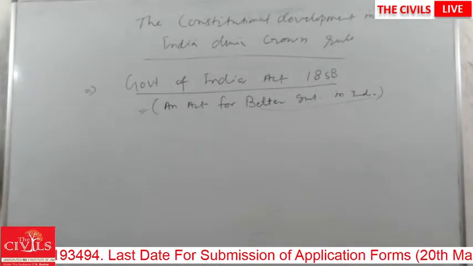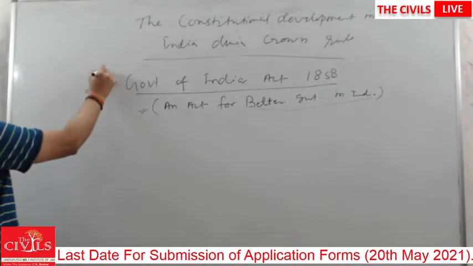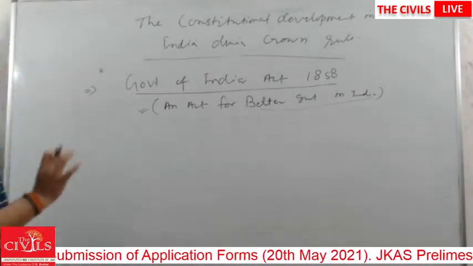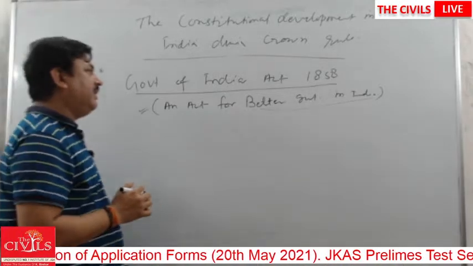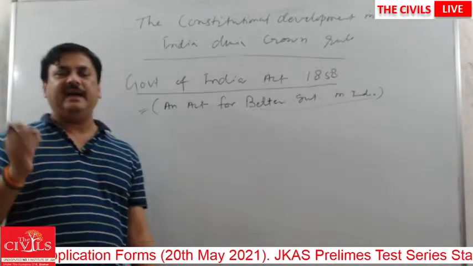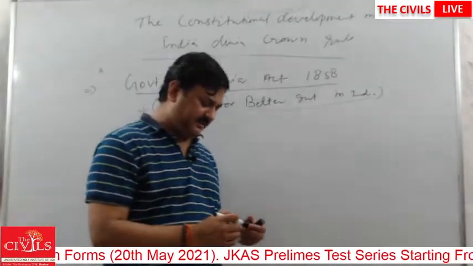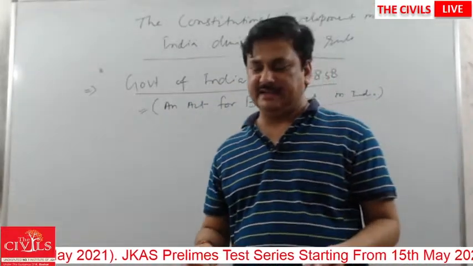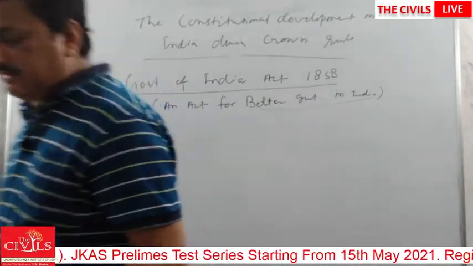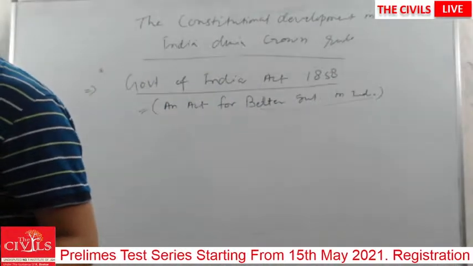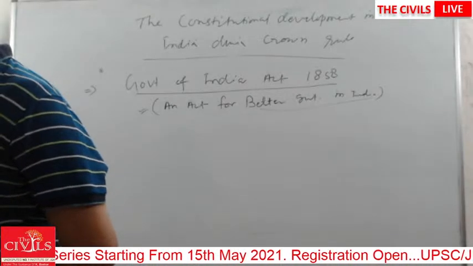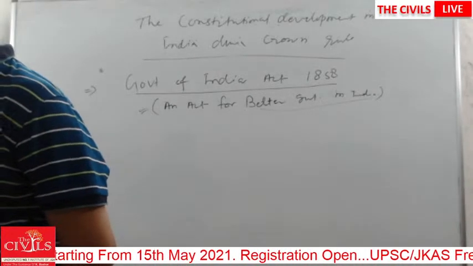This was the first act passed by the British Parliament after the revolt of 1857. And I have asked, which act was known as St. Helena Act? I want an answer from all of you.